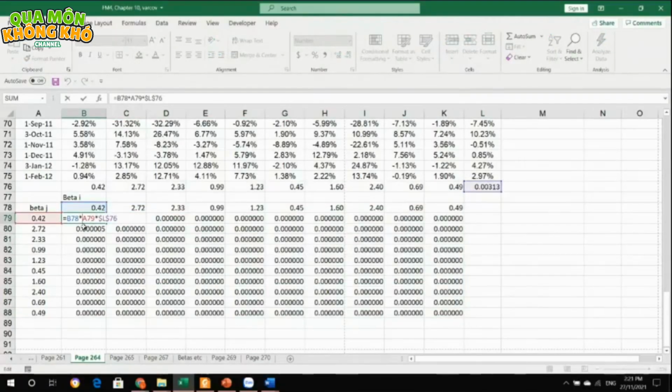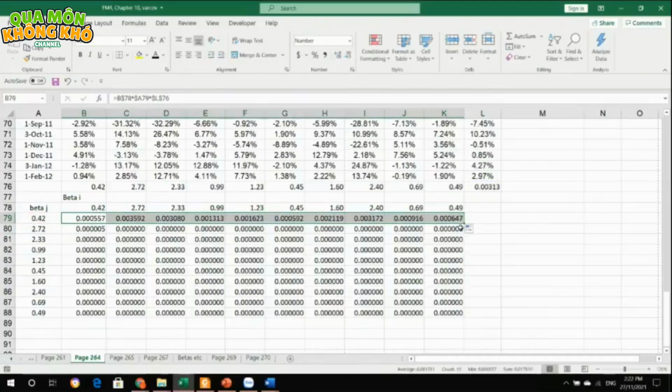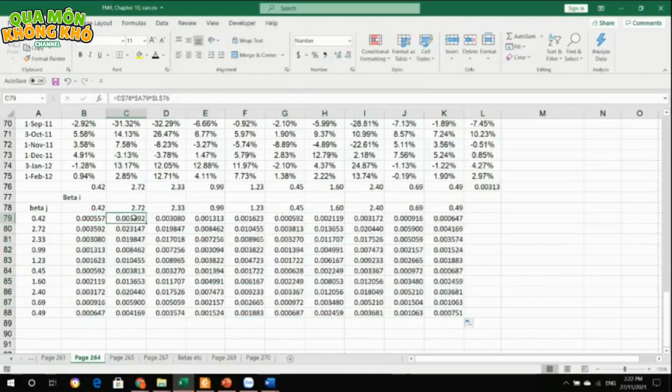So you must lock the column and the row properly to extend those cells. Okay, it's right here.